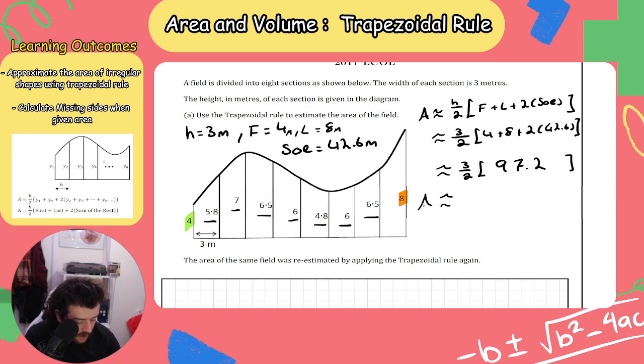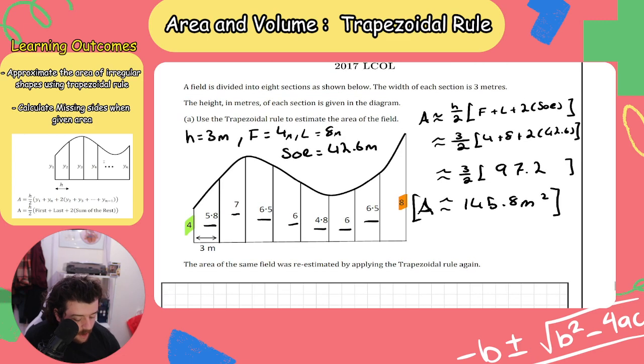I'm going to get the area is approximately equal to 145.8 meters squared. And that is my answer there. So the area of this field is approximately equal to 145.8 meters squared.